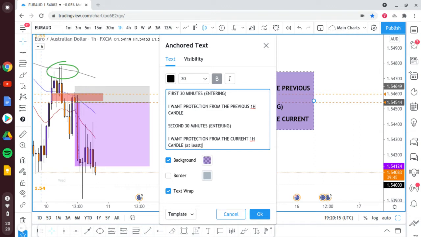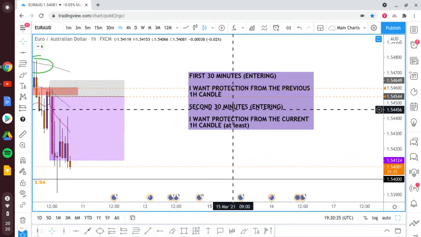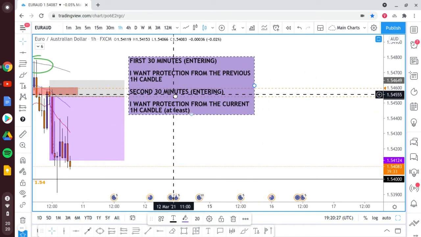Now, the whole point of this, and this is for continuations, is that you're trying to give your trade as much protection as possible.